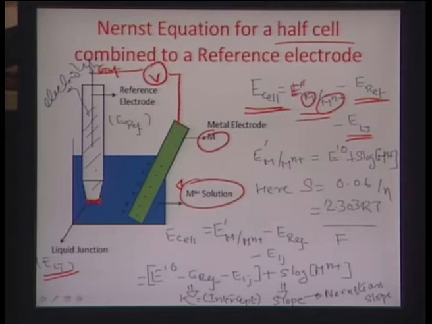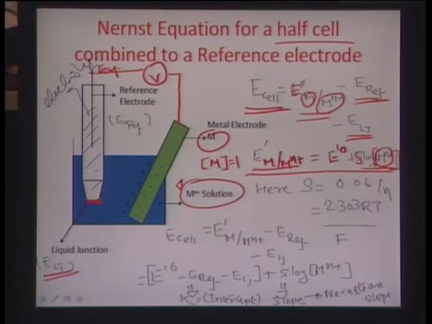Okay. And so, from the Nernst equation, as you know already, if we consider the activity of the metal here to be equal to unity, E dash of this oxidation, or the EMF produced by this oxidation reaction, can be written down as E0 dash for this oxidation reaction corresponding to the case when the rate constant K is unity, plus the Nernstian slope S, 0.06 by n, log of M n plus, the concentration of the oxidant.